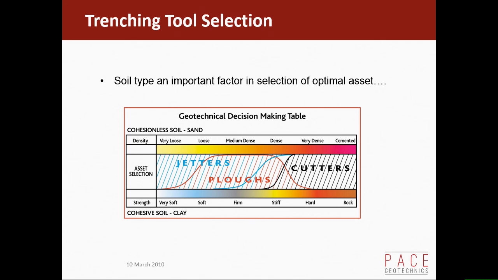Ploughs, you can use in very soft clay. Where they really score is in this range, particularly in the clays. They're very efficient in stiff clays, far more so than a jetting tool. And a mechanical cutting machine will get into things which ploughs can't, but it'll be very slow and expensive to use, with high downtime because of maintenance and suchlike.